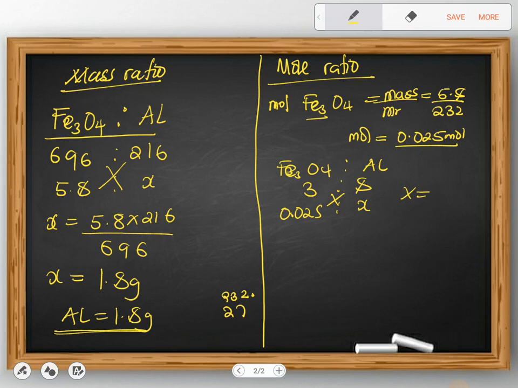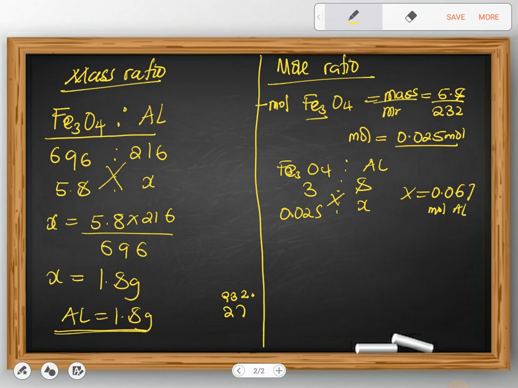I'm getting 0.0666, let me just say 0.067. These are the moles of aluminium.